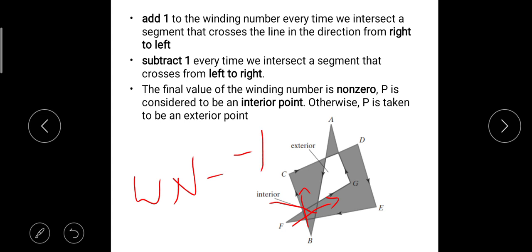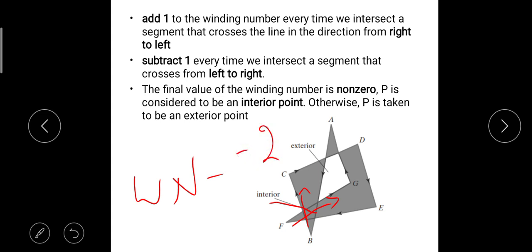Next, one more line segment, B to C, intersects our reference line. Again the direction is clockwise, that is nothing but left to right, so you need to subtract again by 1. Already the winding number is minus 1, so subtracting 1 again, the value becomes minus 2.